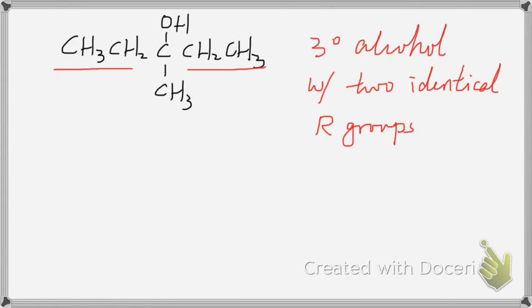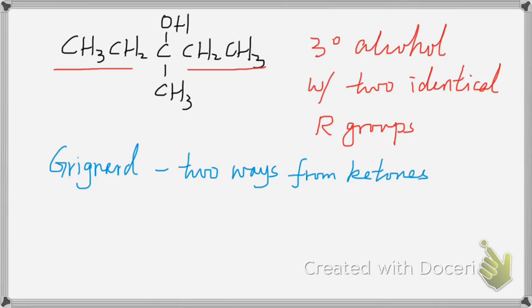So we can make this alcohol by Grignard reaction. Unlike the previous case where we have 3 sets of starting material, for this one, if you want to make it from ketones, you only have 2 sets of starting materials, right? So here they are.